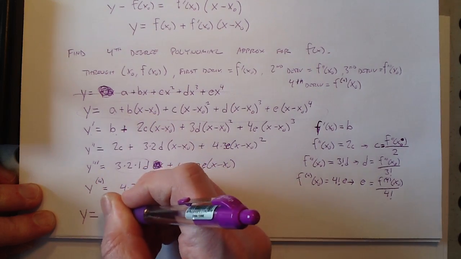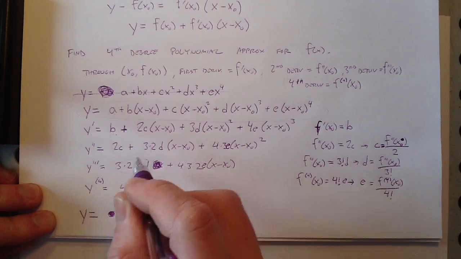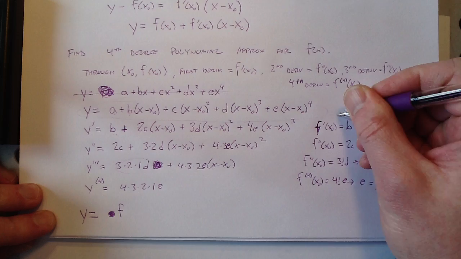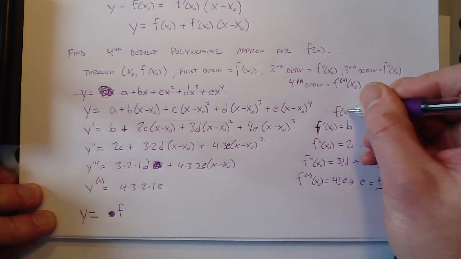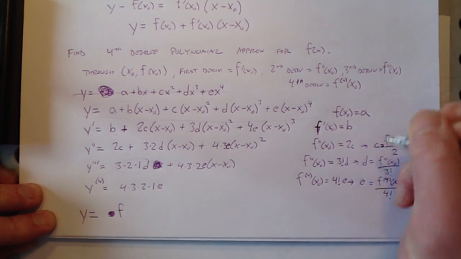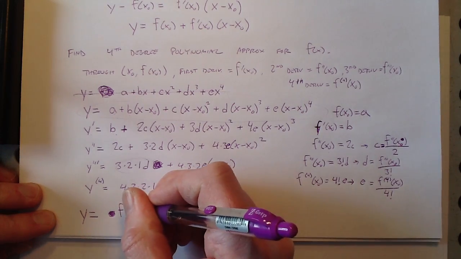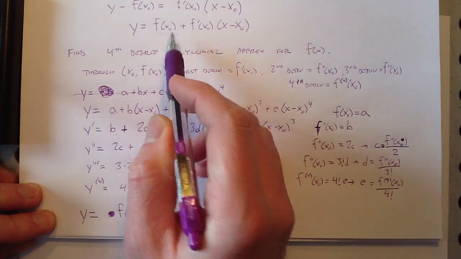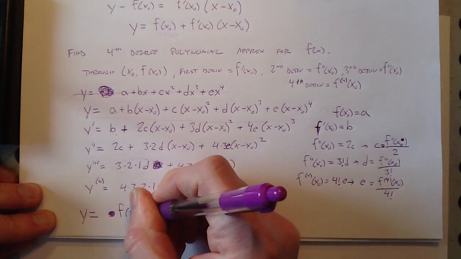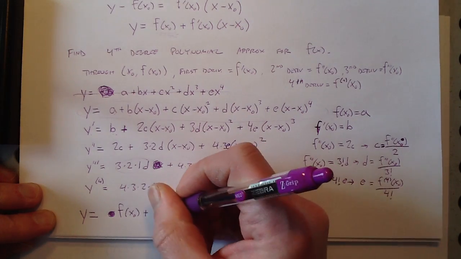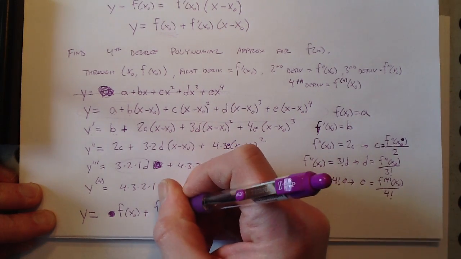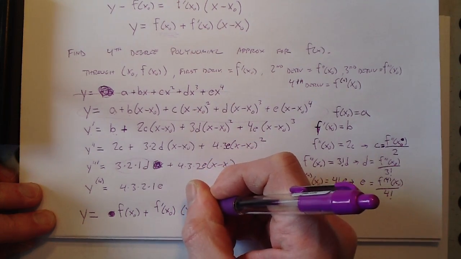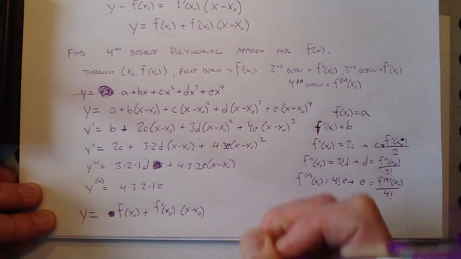So the first a is actually equal to just the value of the function. You can go through and do that same exercise. You're going to find that that's just equal to a. So first, just like in our tangent line, that's just the value of the function. f of x sub 0 plus f prime of x sub 0 times x minus x sub 0.